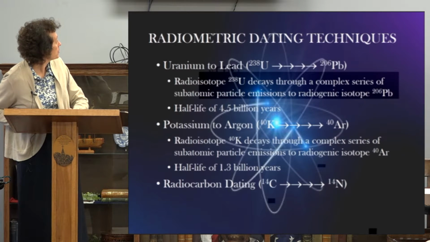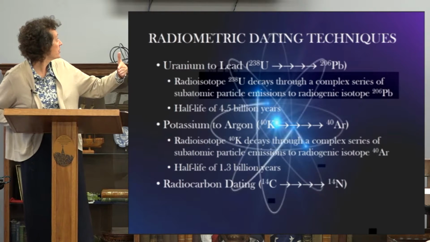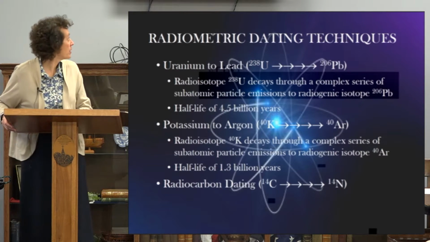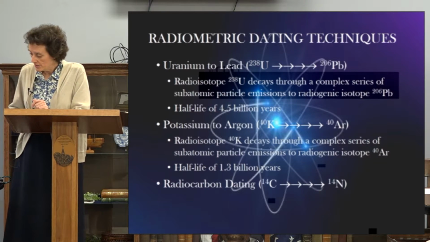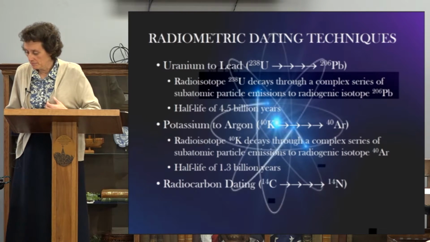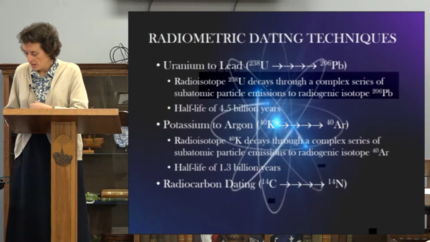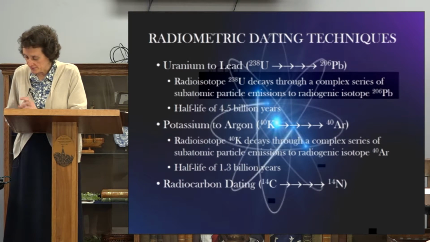And this will decay again through a complex series of subatomic particle emissions to its stable radiogenic isotope, argon-40. And again, we're going to have a series of steps involved. It's not a single step. Half-life is 1.3 billion years.